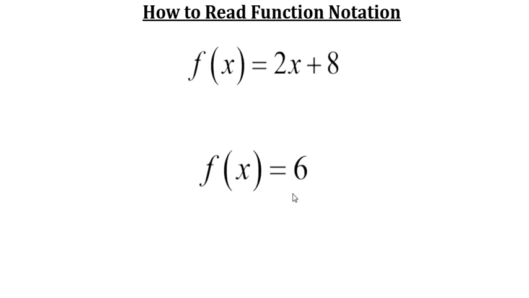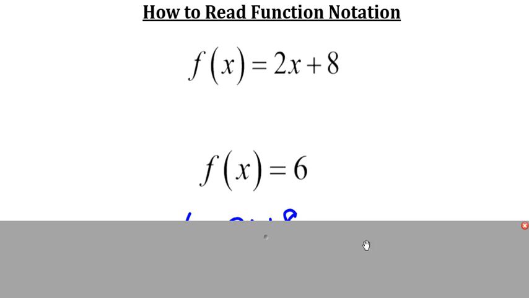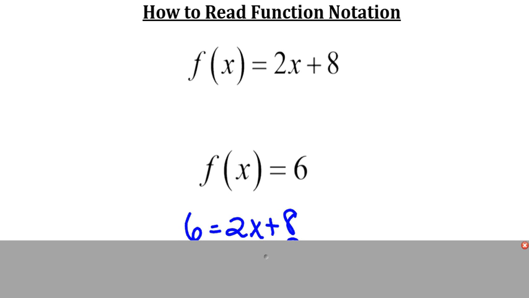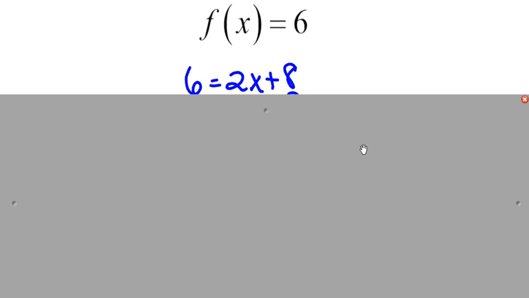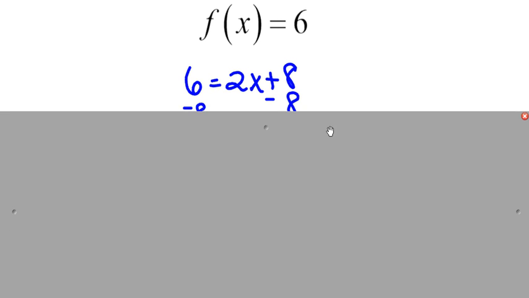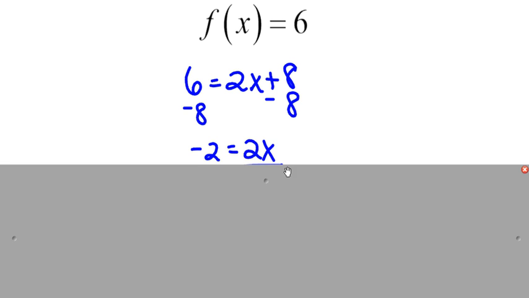So we're going to take that output and put it here in our rule, right? So if the output is 6, what input makes that happen? So we're going to undo that rule to find out. To undo the addition, we would do the subtraction. To undo the multiplication, we would do the division.